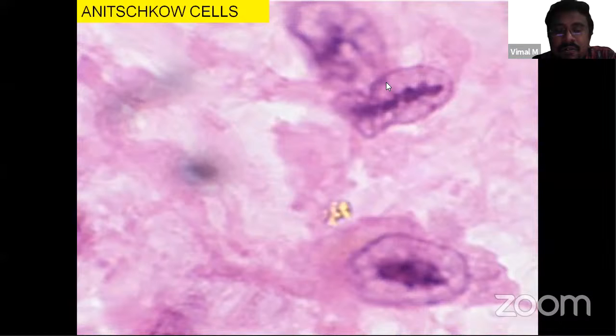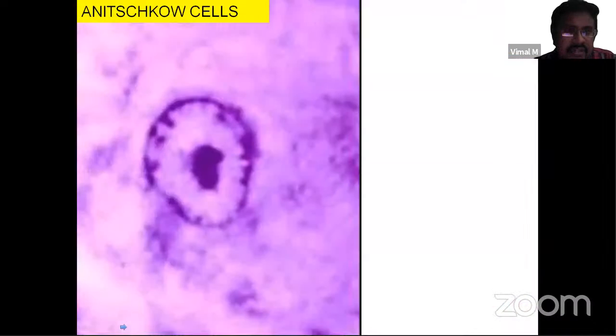Anitschkow cells, in the longitudinal section, you will be getting the chromatin in the form of a caterpillar. This caterpillar-like chromatin is specific for these Anitschkow cells.